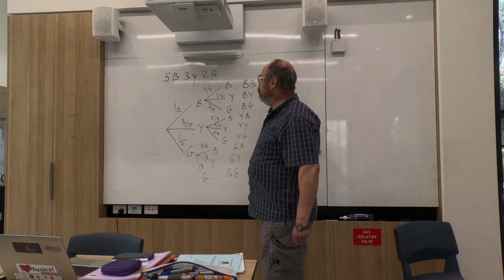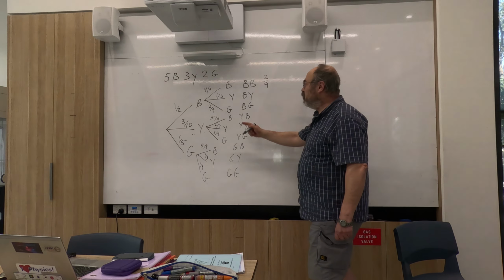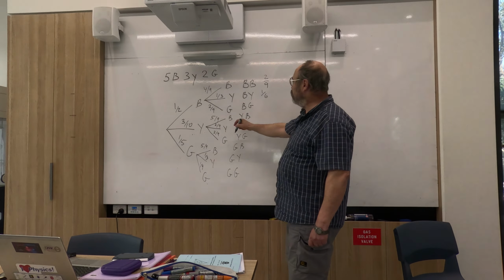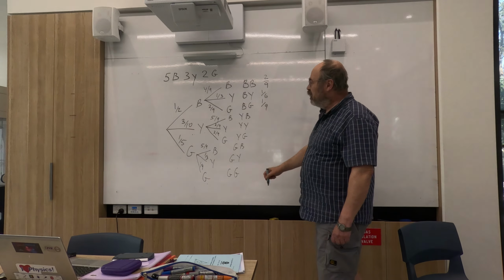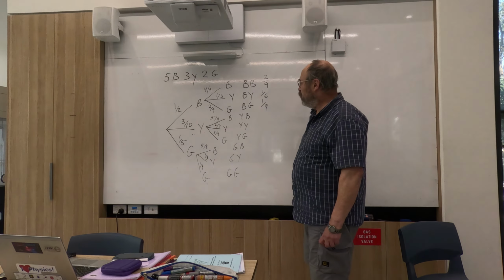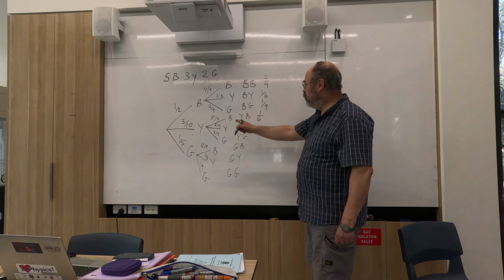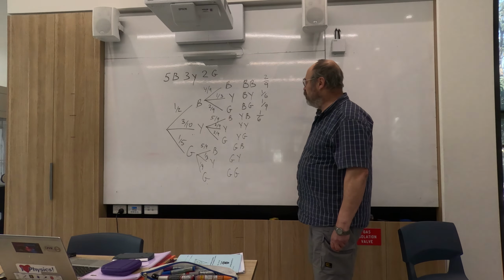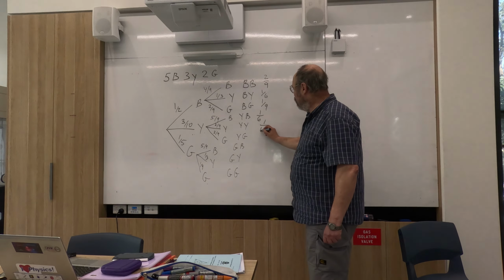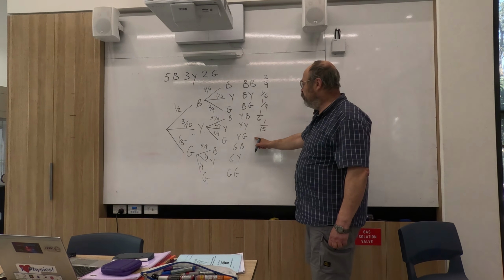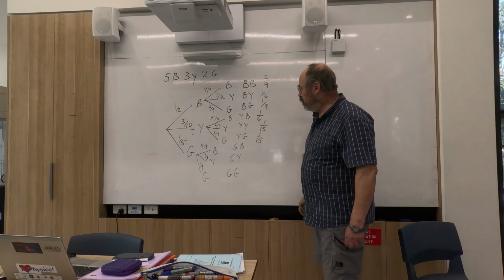Blue-blue: 1/2 times 4/9 gives 2/9. Blue-yellow: 1/2 times 1/3 is 1/6. Blue-green: 1/2 times 2/9 is 1/9. Yellow-blue is 1/6, yellow-yellow is 1/15, yellow-green is 1/15. Green-blue is 1/9, green-yellow is 1/15, and green-green is 1/45.